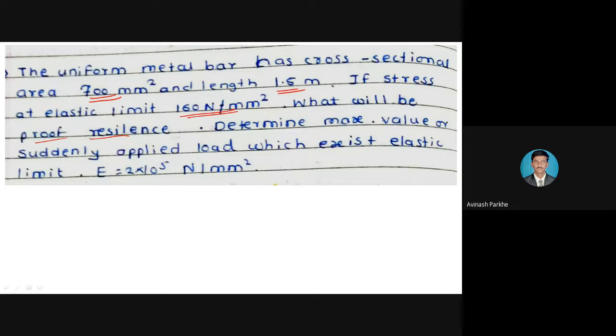Whatever cross section is considered, that particular cross section is subjected to 160 Newton per mm square as the stress value developed within the elastic limit, and we have to calculate the proof resilience developed in that particular body, and also determine the maximum value of the applied load.